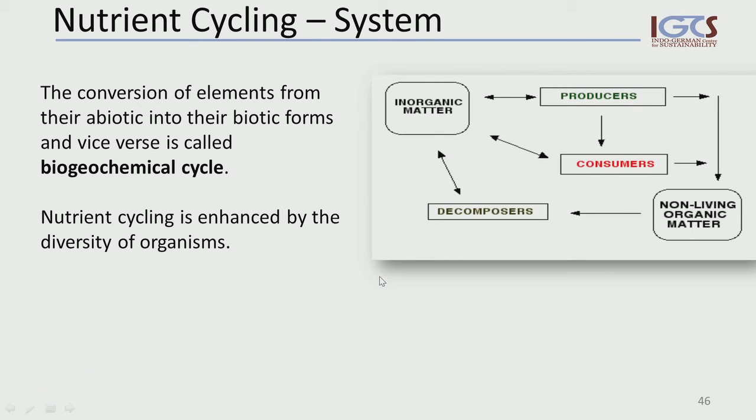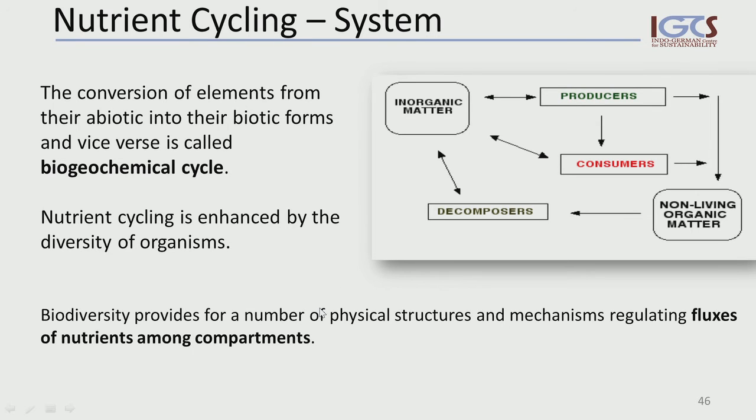Now, the nutrient cycling is enhanced by the biodiversity, the diversity of organisms. Why is that? The biodiversity provides for a number of physical structures and mechanisms which regulate those fluxes, indicated by these arrows here, of nutrients among those compartments.